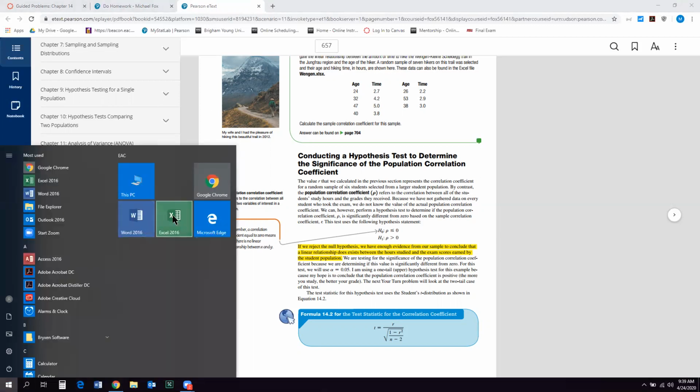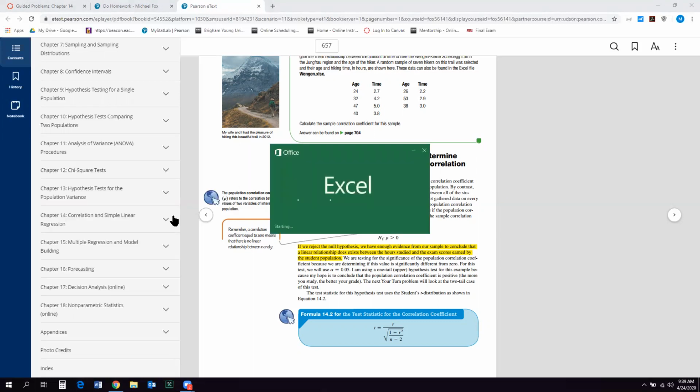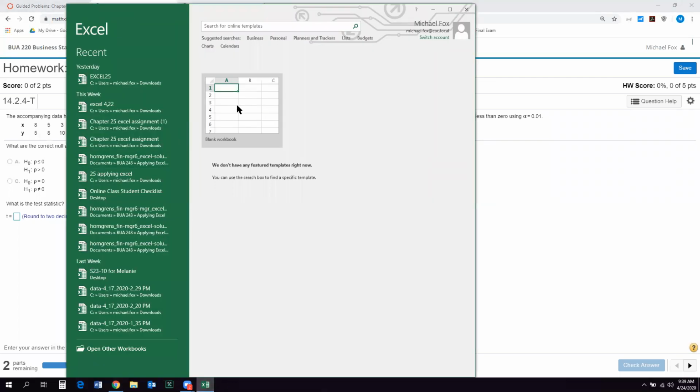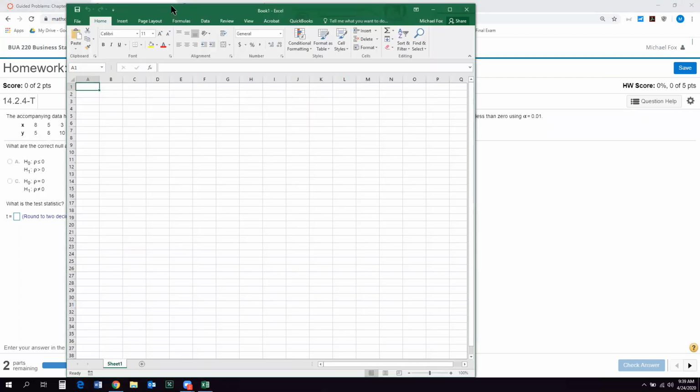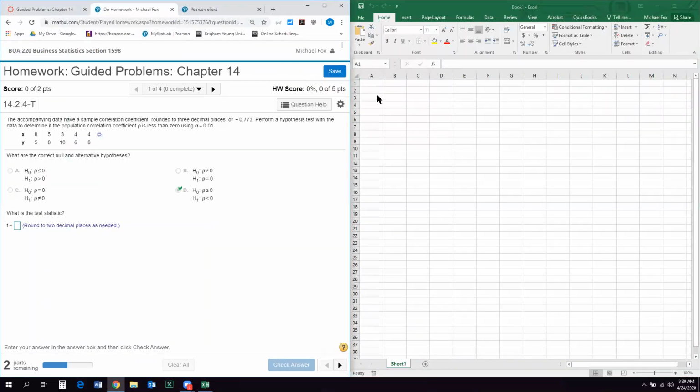All right, so I'm going to bring up an Excel spreadsheet. My way of dealing with these things is to say, if I know the formula, t equals r over the square root of 1 minus r squared over n minus 2, then I can just ask, what do I know already?